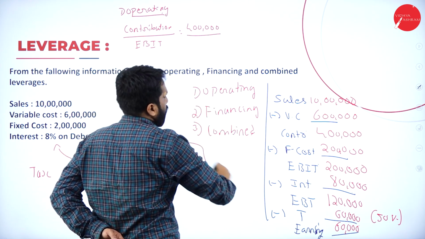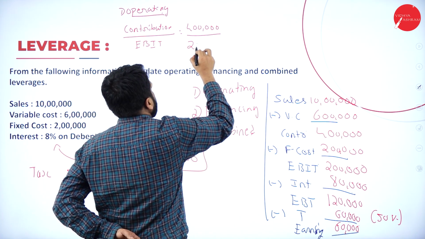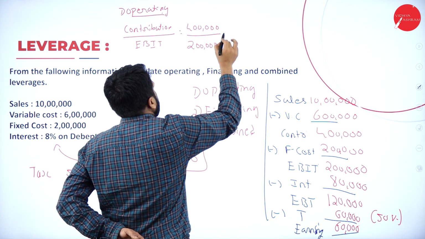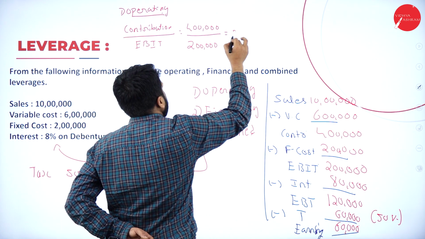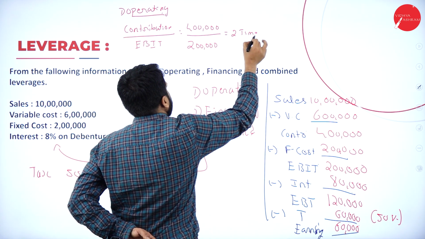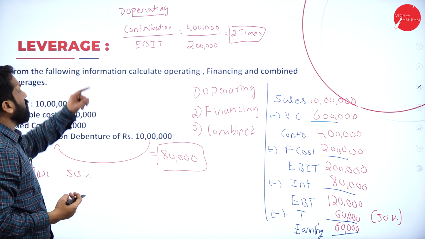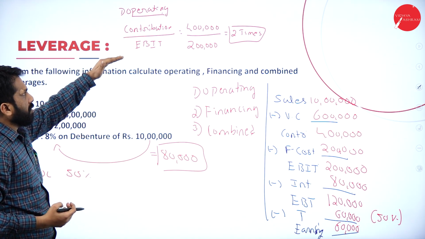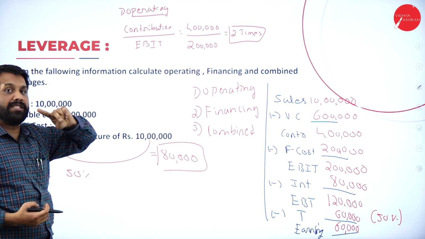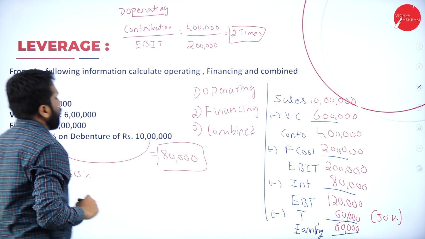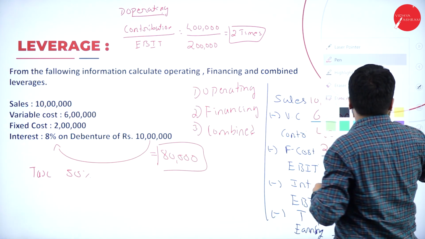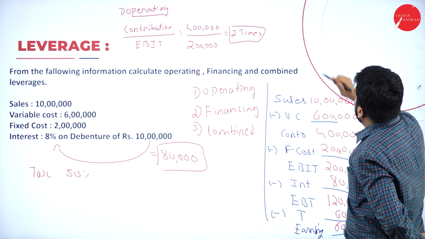Divided by EBIT. What is your EBIT? 2 lakh. Your answer is 4 lakh divided by 2 lakh. 2 times. Hope you are clear how to calculate your operating: contribution divided by EBIT. 4 lakh divided by 2 lakh. It is 2 times.